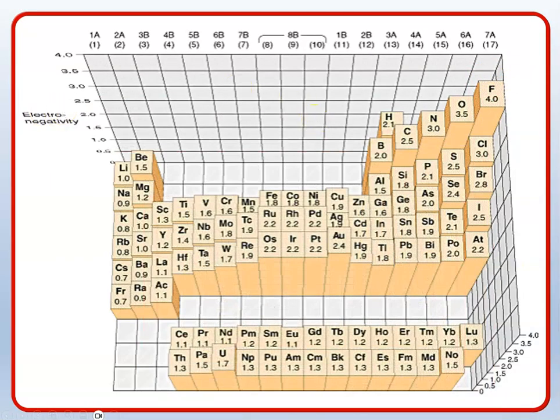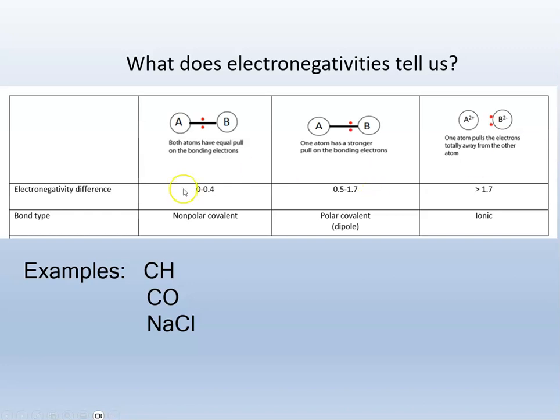So let's look at our examples that we've got. I found this depiction and I really liked it. Can you see that both atoms are sharing equally? This would be a nonpolar covalent. This is an unequal sharing, so those electrons are more towards the B. So B is going to be slightly more negative, and A is going to be slightly positive. This is what we call a dipole.